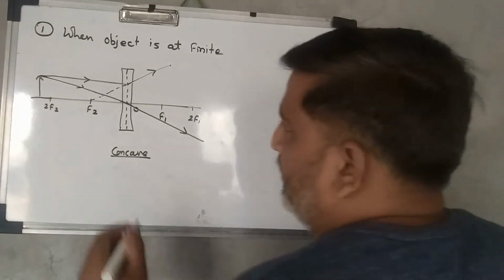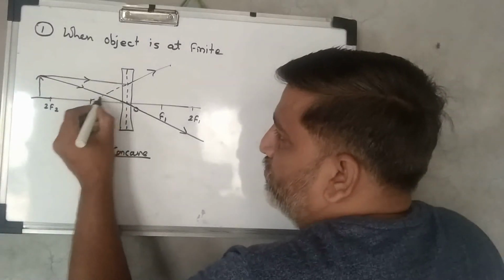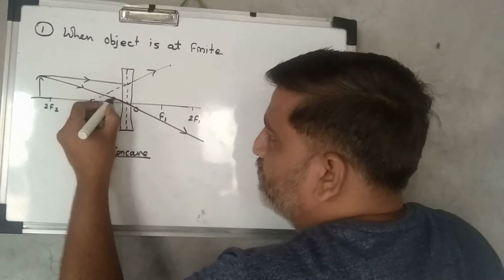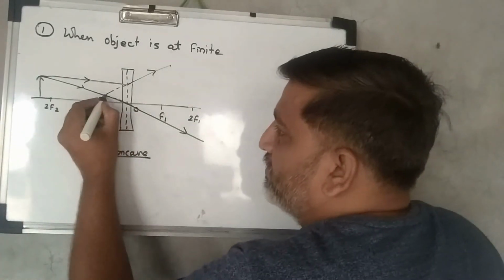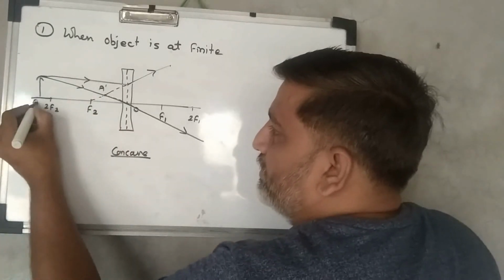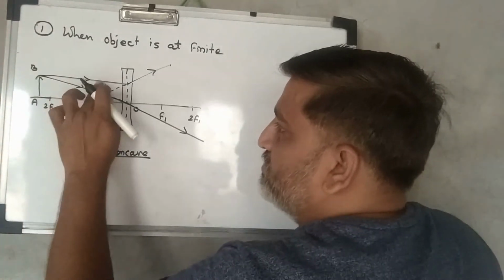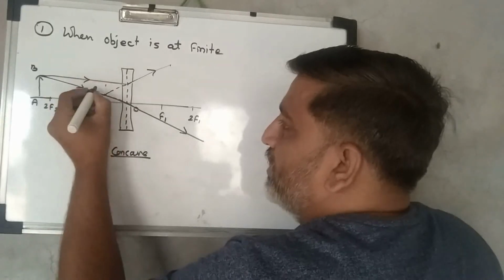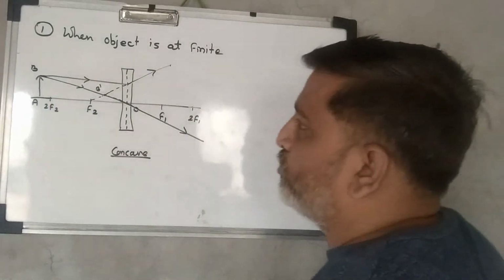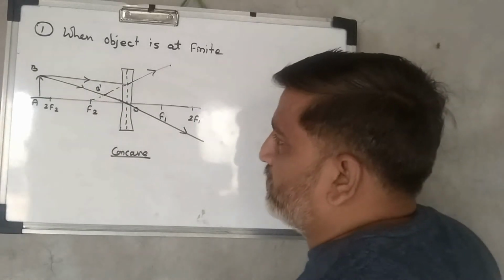Now here you are getting the intersection of the refracted rays. If I back produce them, same as over here, right? They meet here at the point, say A dash. Okay, A dash B dash is the image, where AB is the object. B dash is the point of intersection of the two refracted rays.